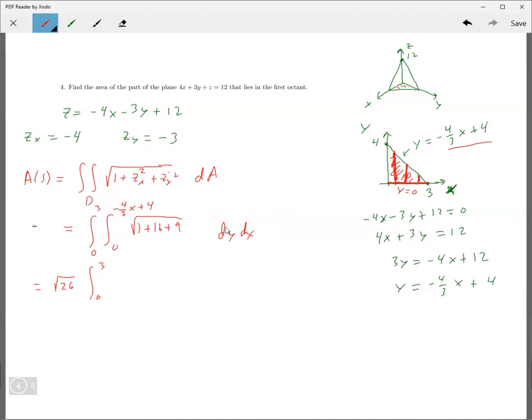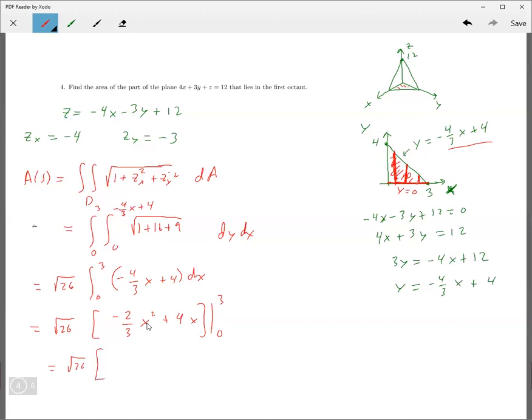Now, when you integrate this, you're going to get y, and then you take it from 0 to -4/3 x plus 4, dx. Integrating this, we get -2/3 x squared plus 4x, from 0 to 3.